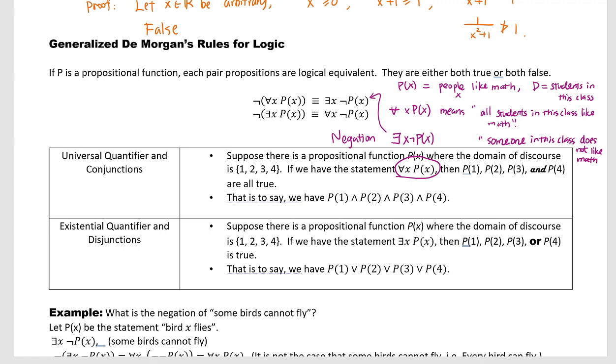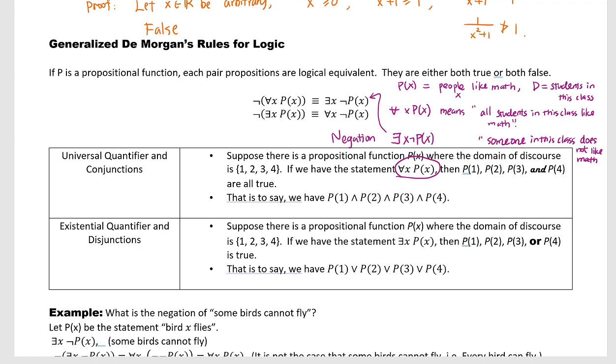So far so good, everybody? How about existential quantifiers? Suppose there is a propositional function P of x, where the domain is 1, 2, 3, 4. If we have the statement there exists x, P of x, then some number in 1, 2, 3, 4 makes it true.